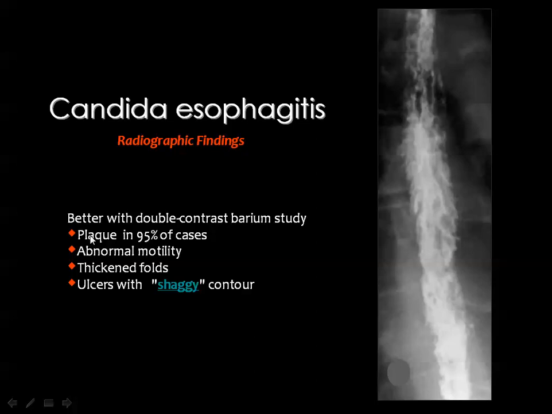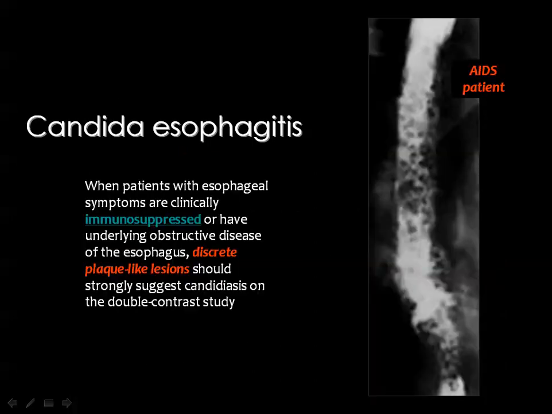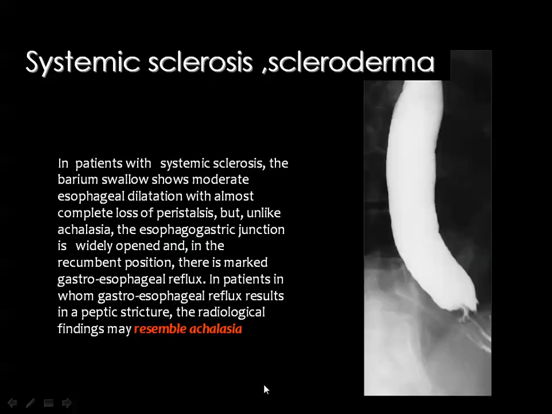You can see some plaques in the wall of the esophagus, which represent these filling defects, abnormal motility, and thickened folds, like these, and of course the shaggy outline of the esophagus. This is the typical or diagnostic appearance of Candida esophagitis.